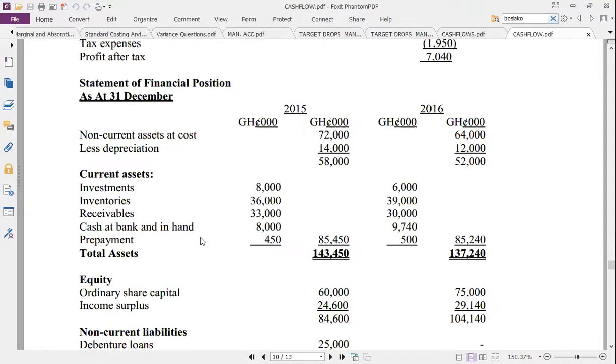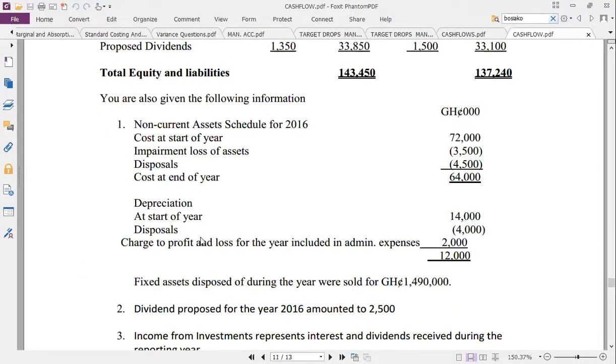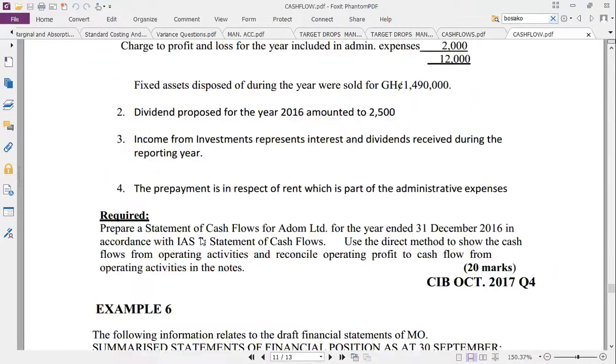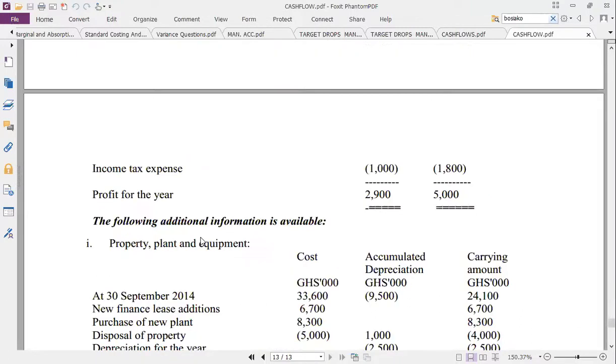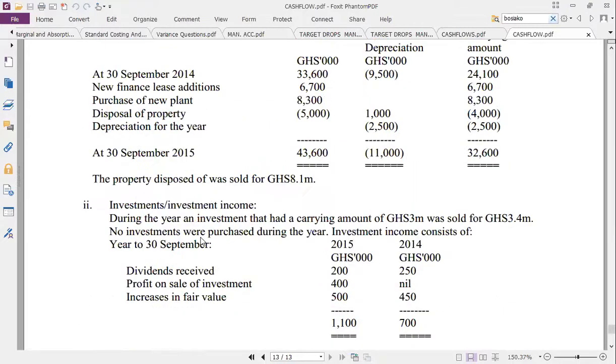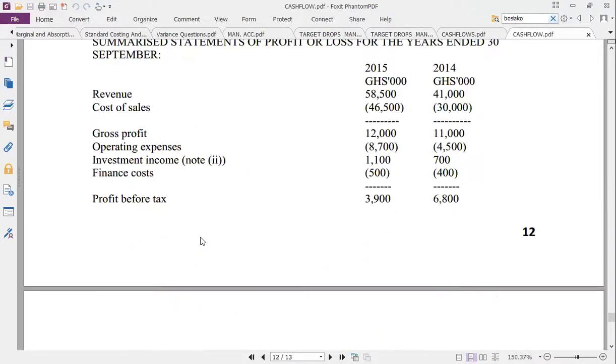If you go to the next example, example 6, Mo Limited, they did the same thing there. You can see investment income there, 1,100 and 700, right? And it provided the detail. All of this might be reversed, but they don't form part of the operating activity. Other incomes do not form part of the operating activity.